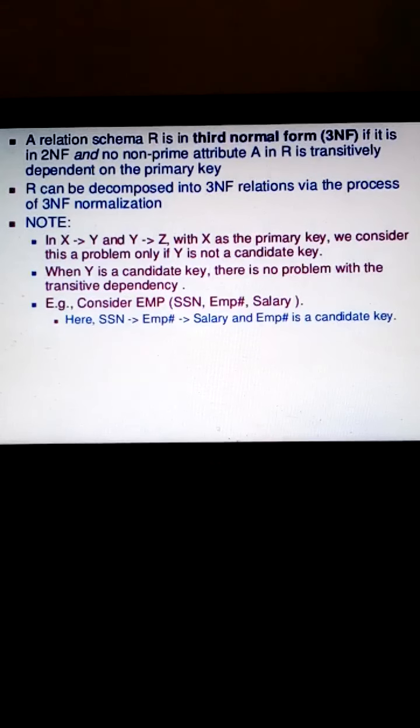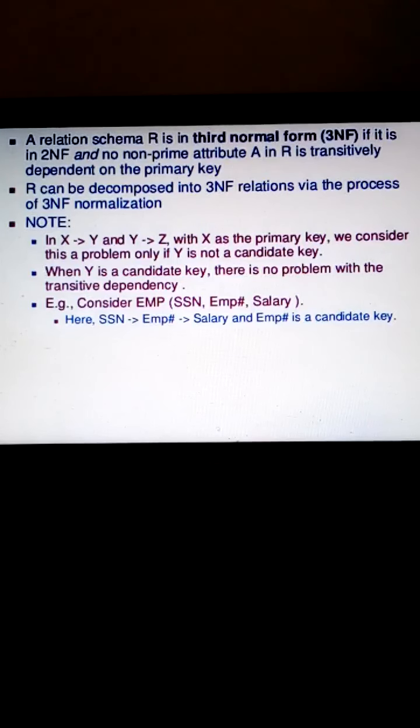For example, consider an EMP relation where SSN number, employee ID, and salary are the three different attributes in the relation. So SSN tends to employee ID tends to salary, and employee ID is a candidate key. So there is no problem.